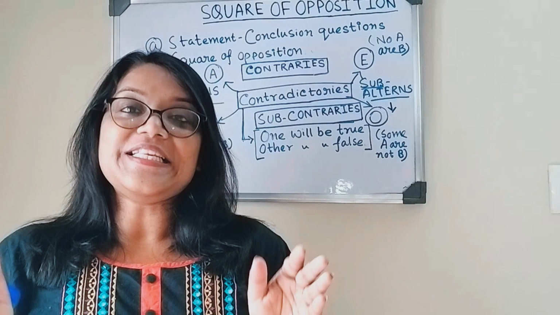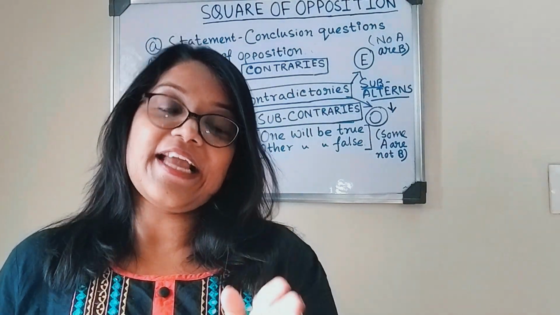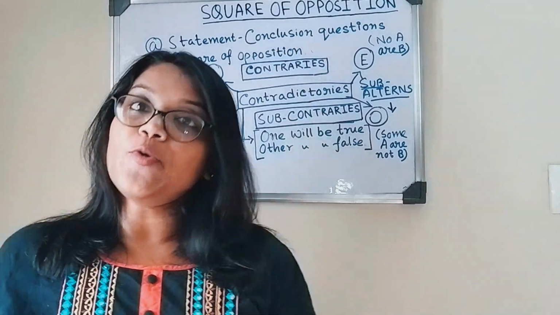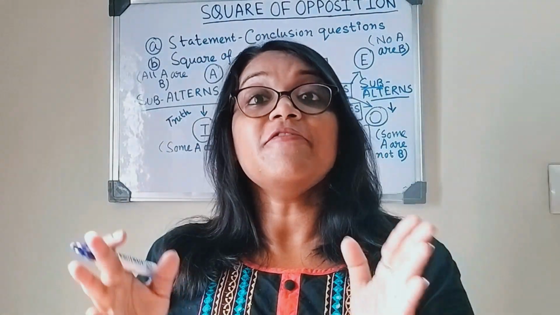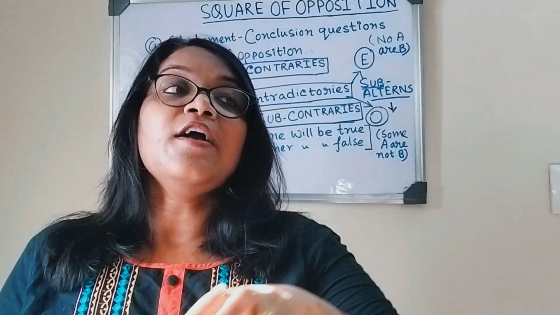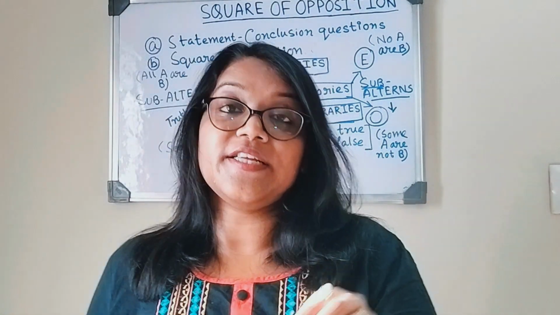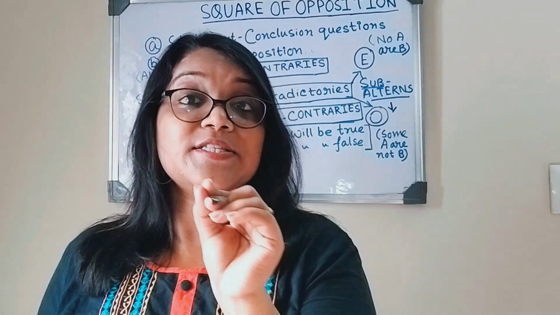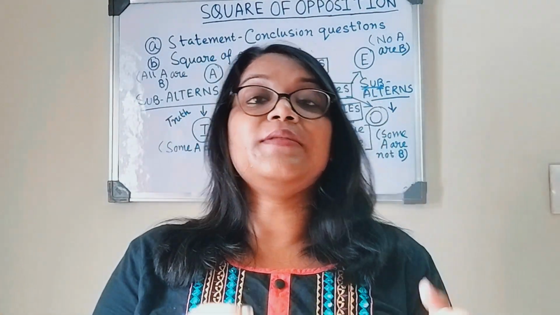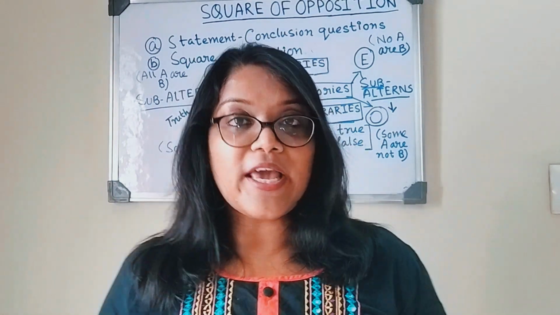Clear? So basically, contradictories indicate that type of statements which cannot be true together and cannot be false together. That means in the combination of contradictories, if one statement is true, the other statement will obviously be false.